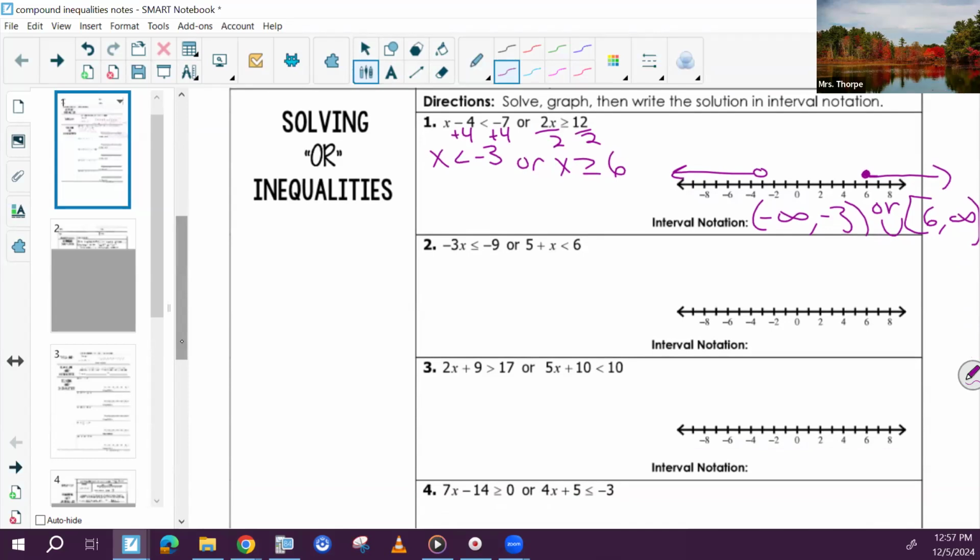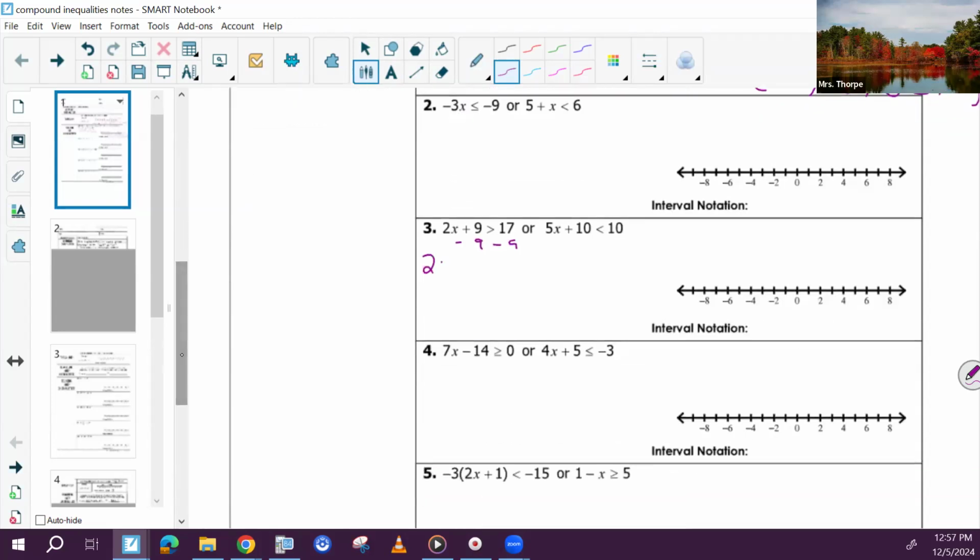Not for number 2, for number 3. Sorry, I skipped. -9. We have 2x is greater than 8. And then divide by 2, it's good. So x is greater than 4.